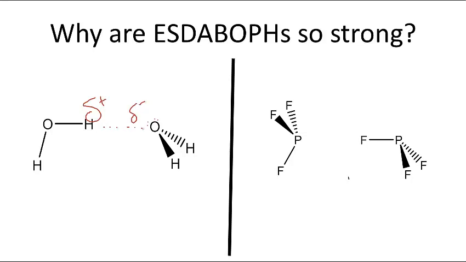Well, if I look at phosphorus trifluoride, this is still very partially negative, but the P now has a lone pair on the top. So while this is partially positive, the lone pair weakens the attraction.